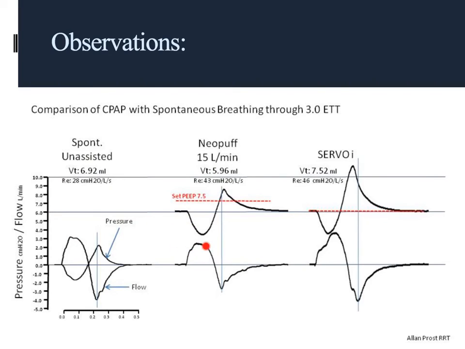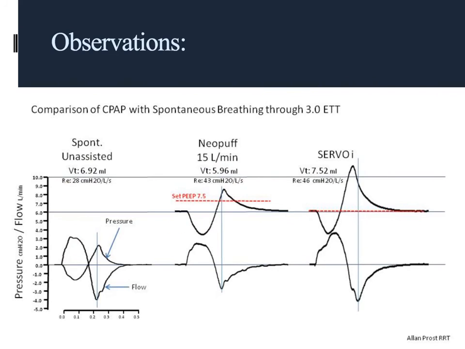We see that peak inspiratory flow is declined, and we still see that we have this prolonged expiratory phase due to the expiratory resistance. The tidal volumes recorded were considerably less because we've induced this work of breathing for our patient. So we've controlled that with the ASL, so I'd expect to see a little bit lower tidal volume being delivered with that same amount of effort because of the induced work of breathing through the NeoPuff.